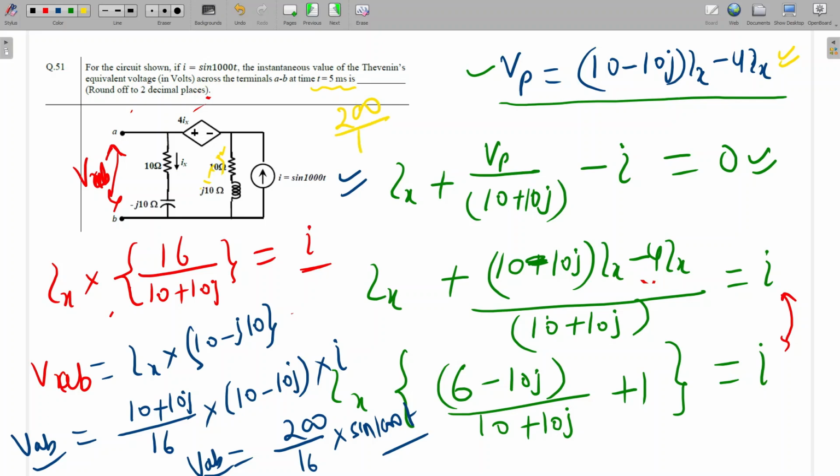200 divided by 16 into sine of 5 milliseconds into 1000, so it will be sine 5. We have to keep it in radians here.